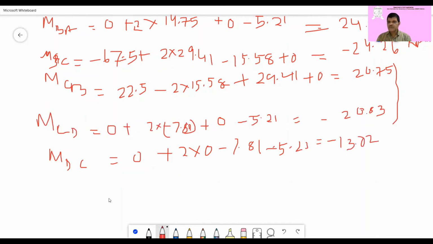So these are the moments you have calculated. Now you can draw the bending moment diagram. I am not going for the bending moment diagram because we have drawn many diagrams like this. We'll discuss another problem with columns of different heights, for example, pools.